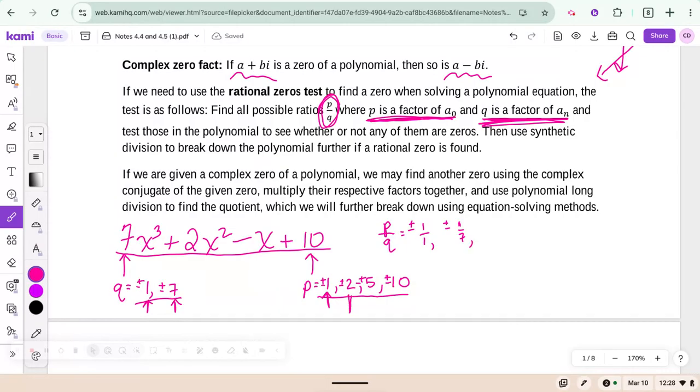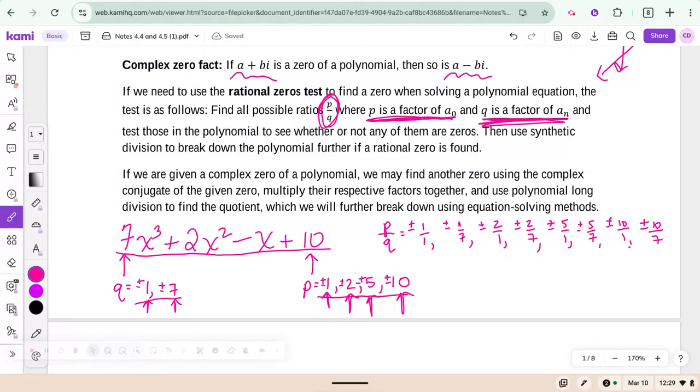And then I'll move to 2. 2 over 1 and 2 over 7. And then I'll move to 5. 5 over 1, 5 over 7. And finally, I'll move to 10. 10 over 1 and 10 over 7. Again, plus or minus.